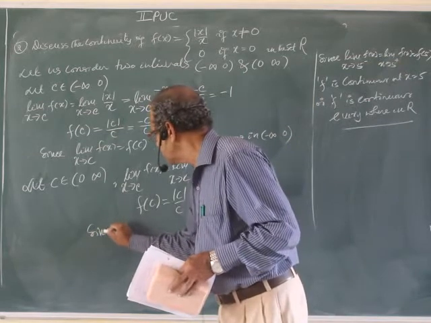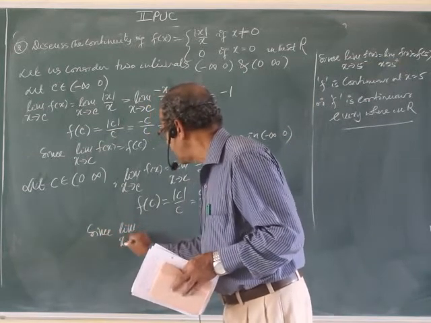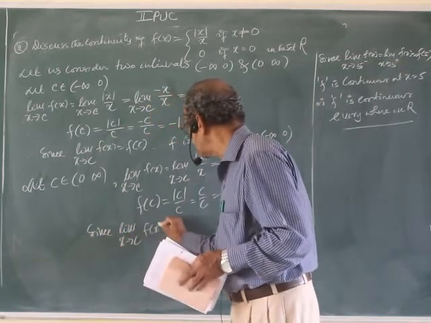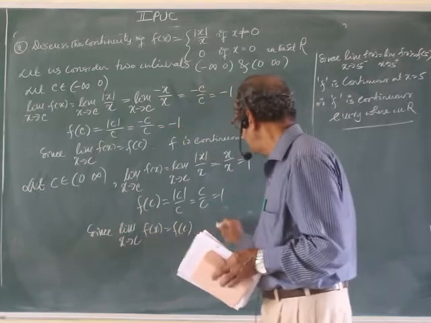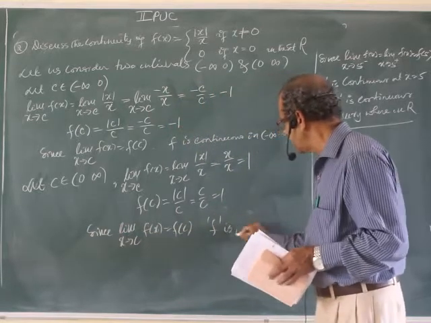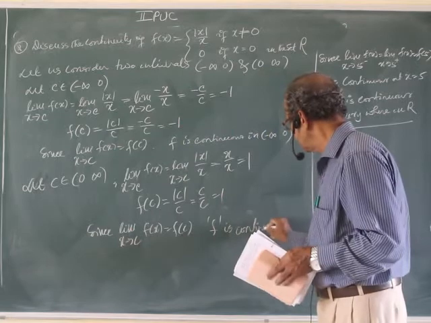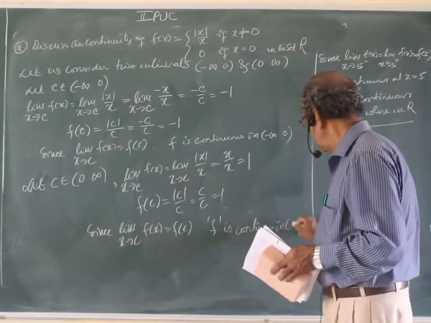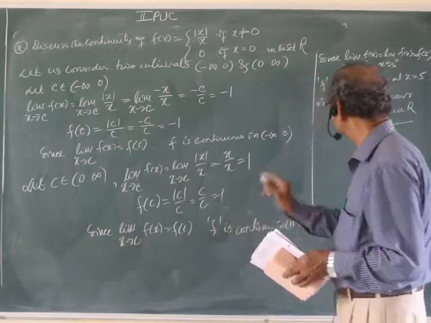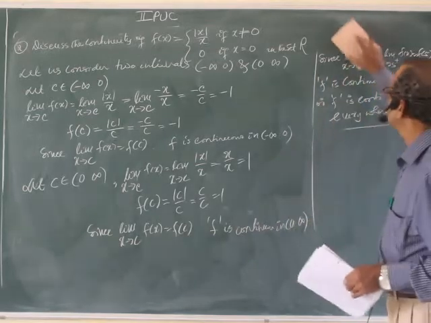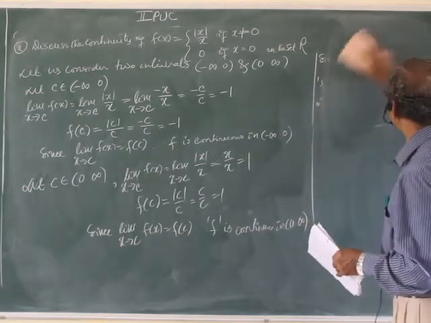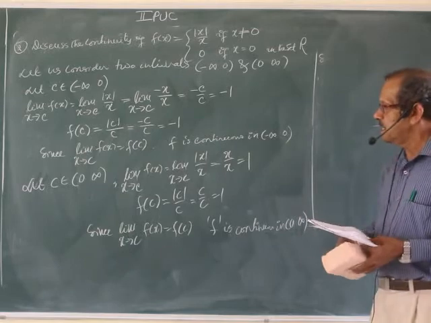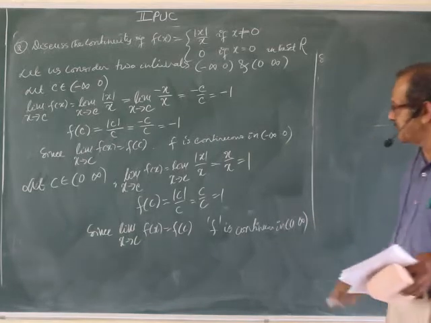Since limit x tending to C of f of x equals f of C, f is continuous in 0 to infinity also. It is continuous in minus infinity to 0, and now it is continuous in 0 to infinity.